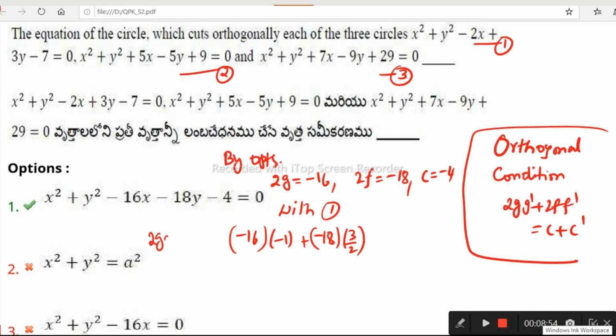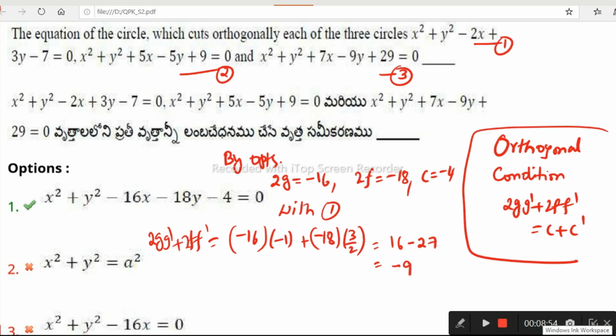2g g dash plus 2f f dash చూస్తున్నాను లెఫ్ట్ సైడ్ is equal to c plus c dash అవుతుందా లేదా. ఇది 16 - 27, ఎంత. 16 minus 27 is -11 అంతేనా.